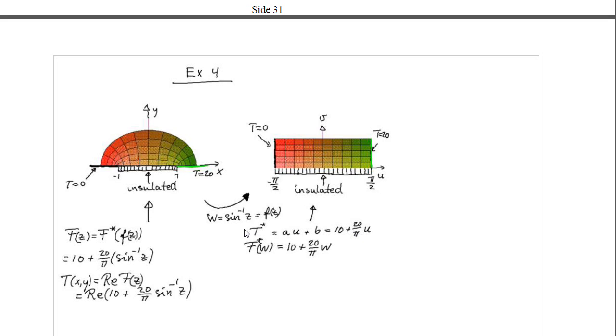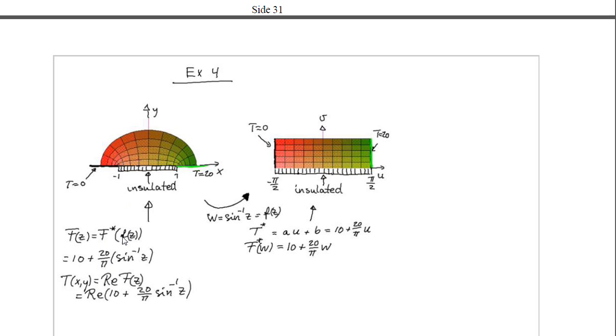Exactly as we had done before, instead of using w, we write f of z. So we are replacing this value of the complex potential with this w equal to f of z. Doing this, we obtain a new complex potential in terms of z, which is the complex potential of this problem.